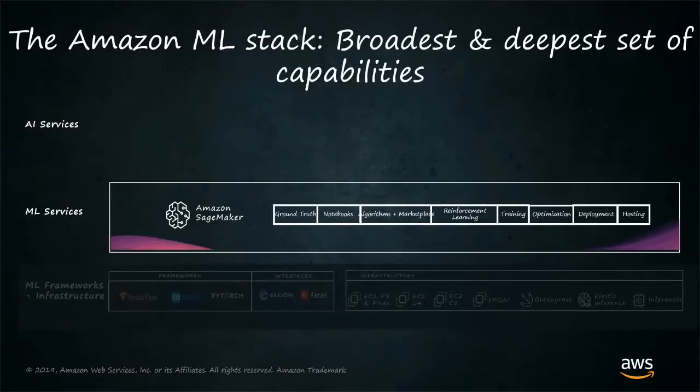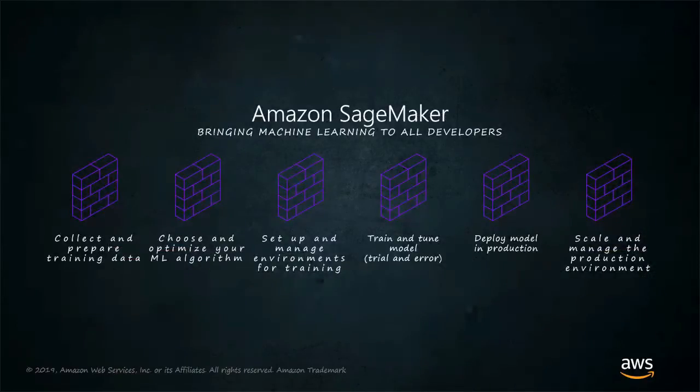They provide automatic hyperparameter tuning, and they also provide automatic deployment to a highly scalable and highly available environment. These are a few of the services Amazon SageMaker provides to machine learning engineers.